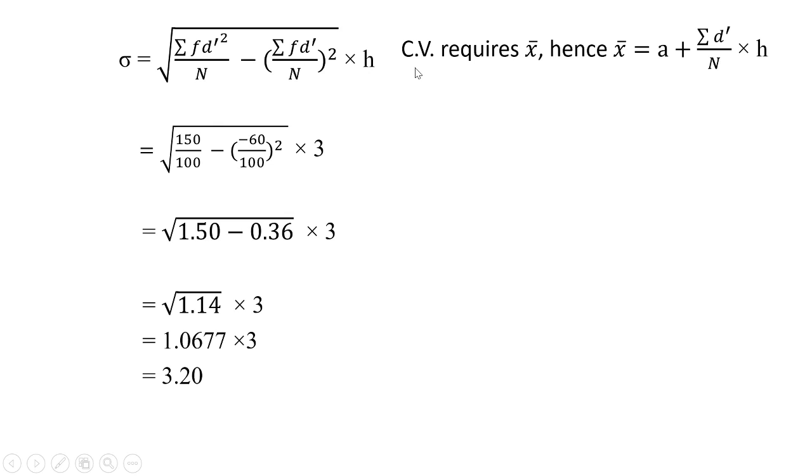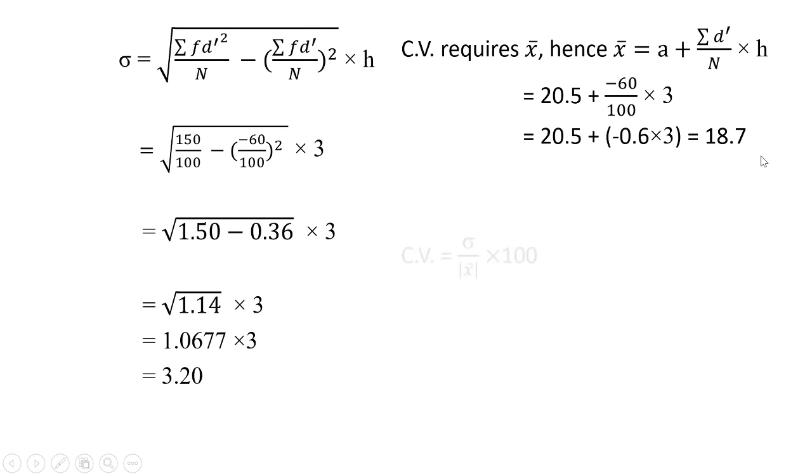Then we have to calculate CV, and CV requires x bar. Hence x bar is equal to a plus summation of f d dash divided by n, into h. Then we get 20.5 plus minus 60 divided by 100 into 3, and we get 20.5 minus 1.8, which is equal to 18.7. So x bar, that is the arithmetic mean, is equal to 18.7.